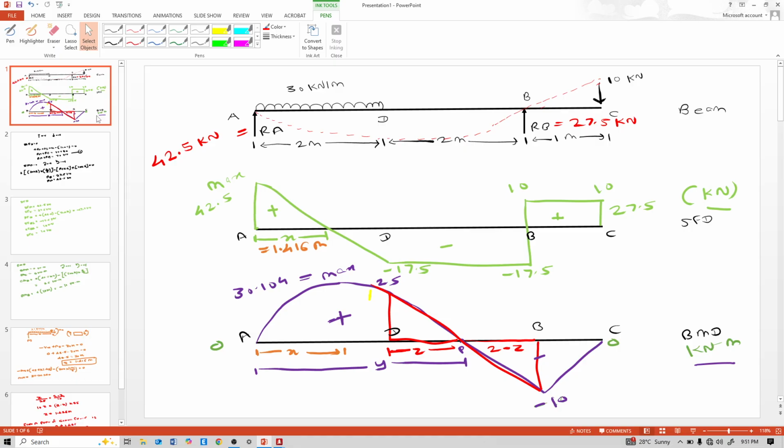Now we will go towards our software calculation. So this is 2, 2, 4 and 1, 5 meter.